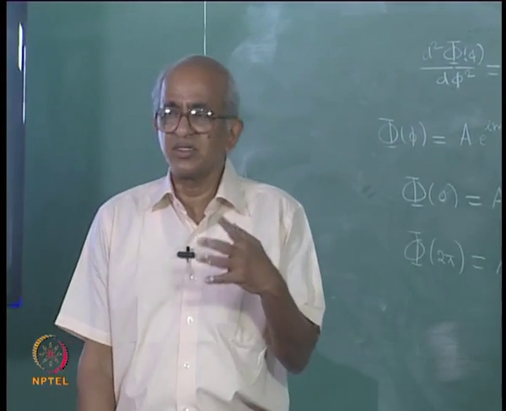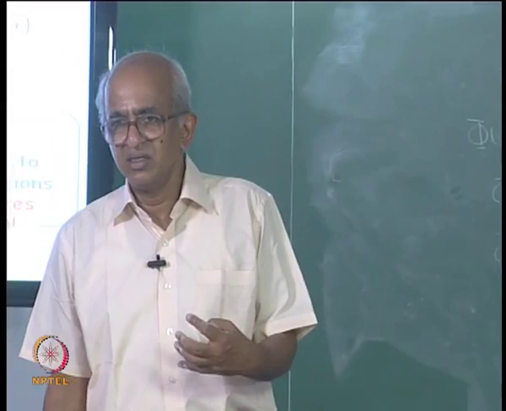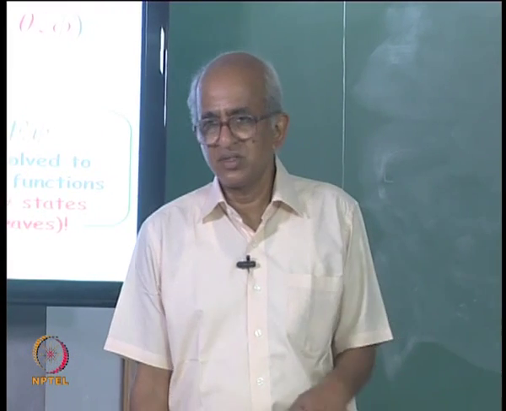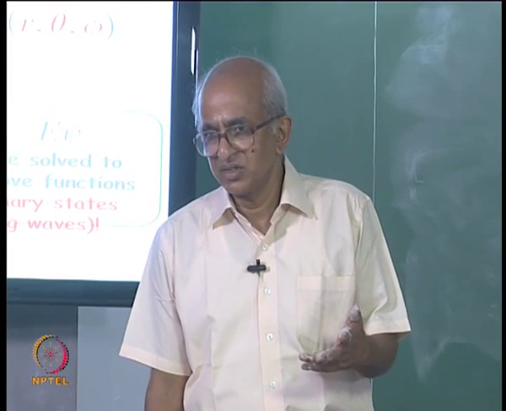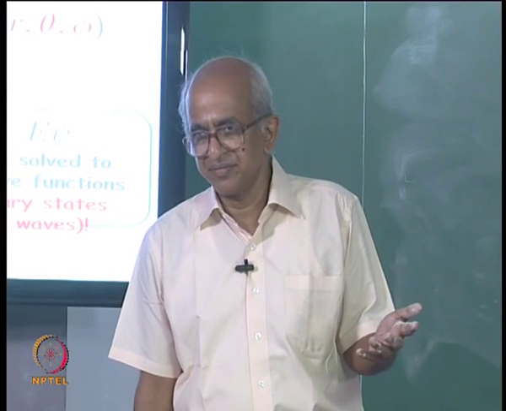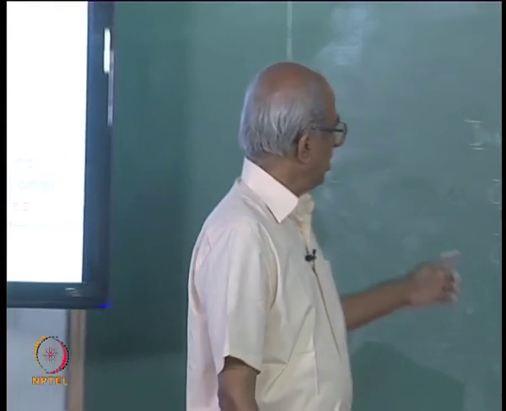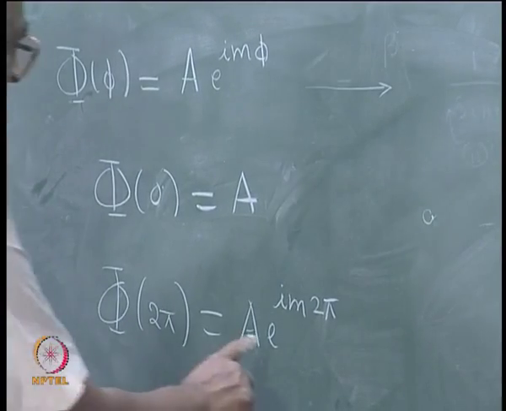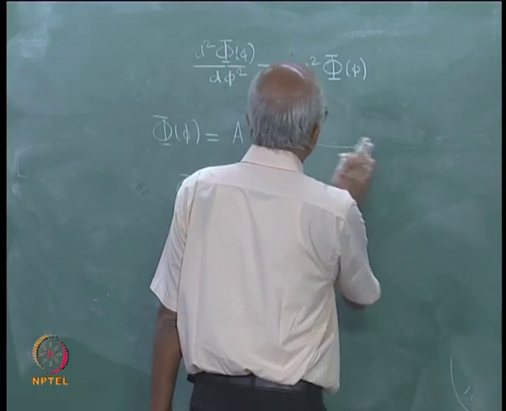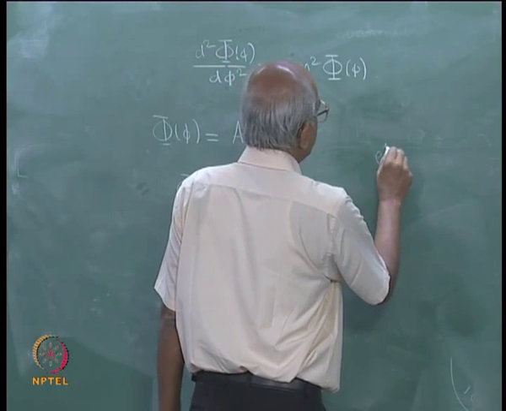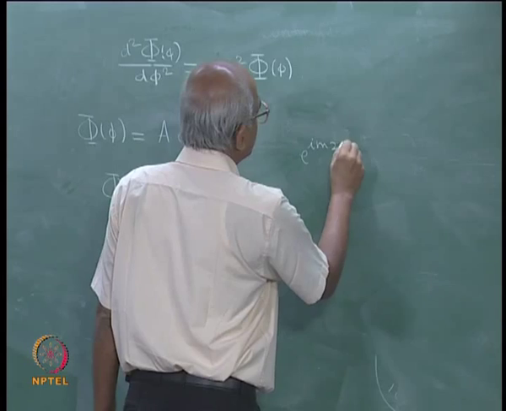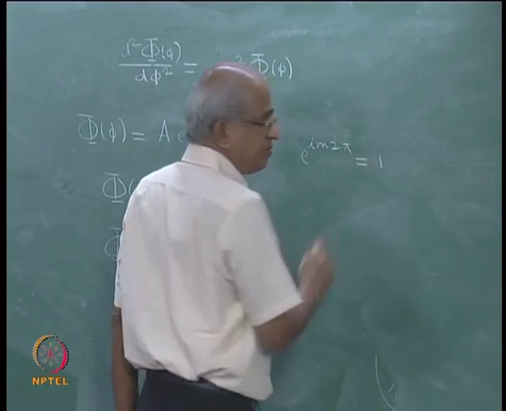And if the function is to be single valued, these two answers have to be the same, you cannot have a different answer. And then what is the condition? The condition would be that e to the power of i m 2 pi must be equal to 1.